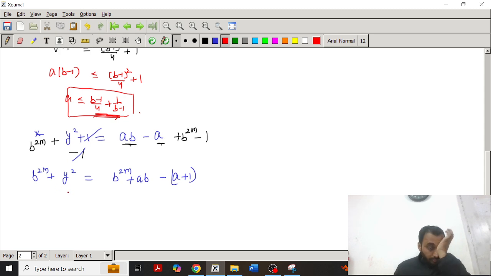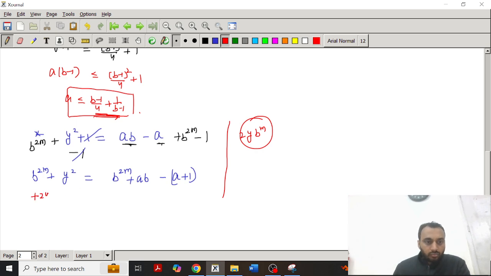Now if we go for 2yb^m, the next thing we try is the 2yb^m term. So if I add 2yb^m, then I have to subtract 2y also, because we know that if we are adding a place value in a number, then we have to subtract its corresponding digit.